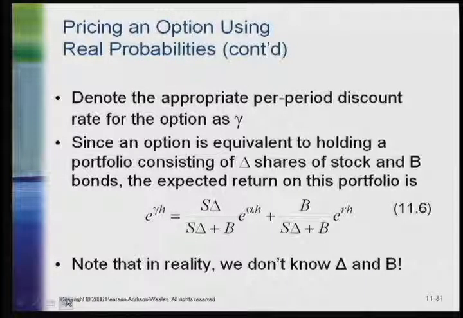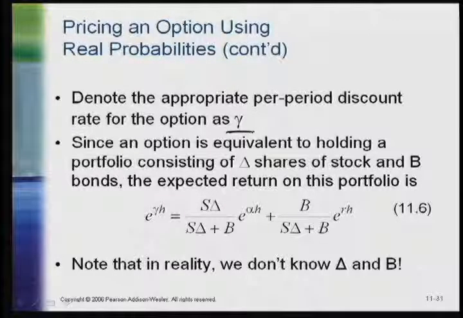If we looked at a put option, it would be a short stock position and a long T-bill position. In either case, the option is a leveraged investment in stock, and as a leveraged investment, it is riskier than the stock. So one expects that the risky return for the option will be bigger than alpha. So let's denote the risky return on the option by the symbol gamma.